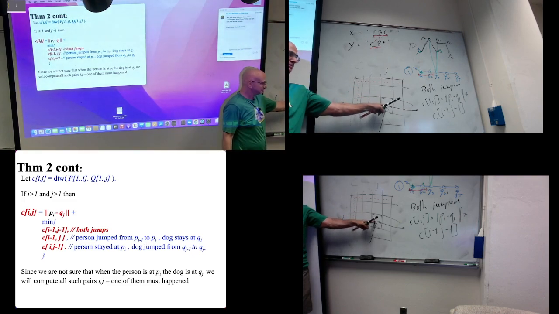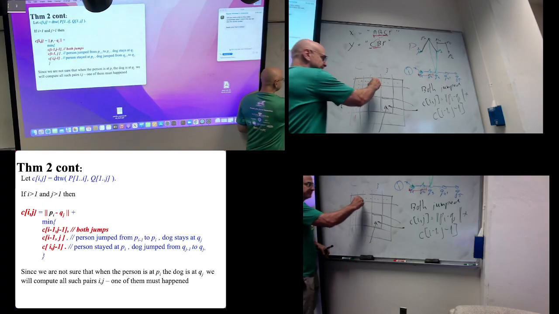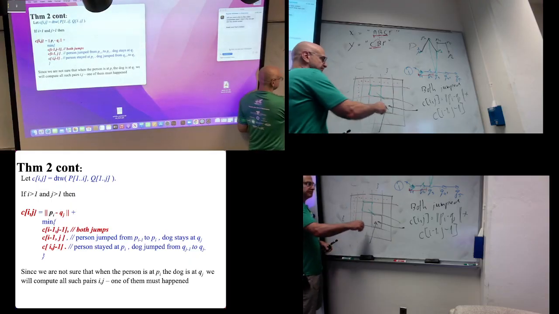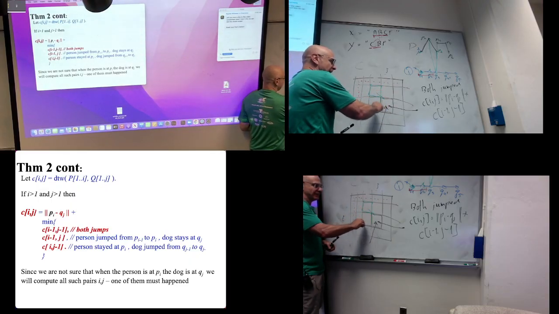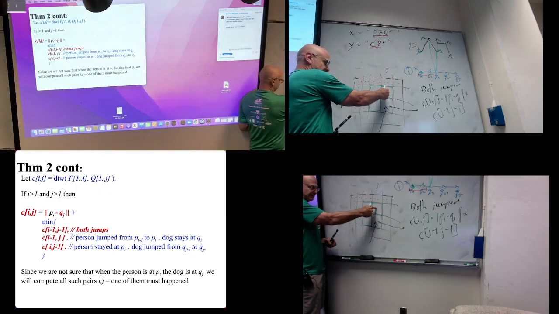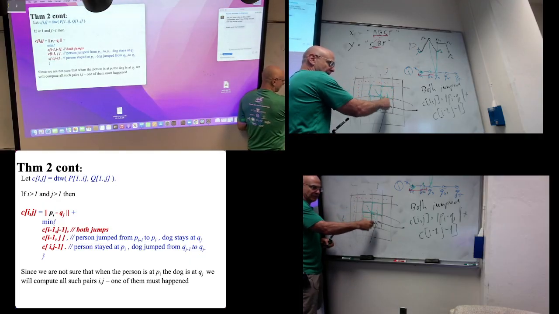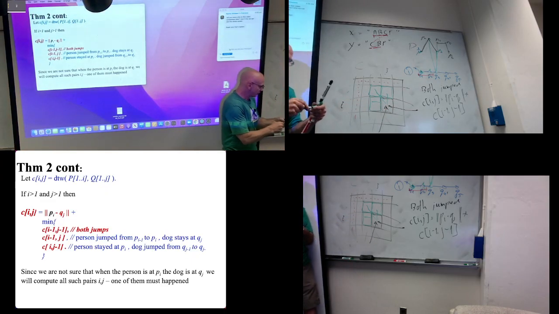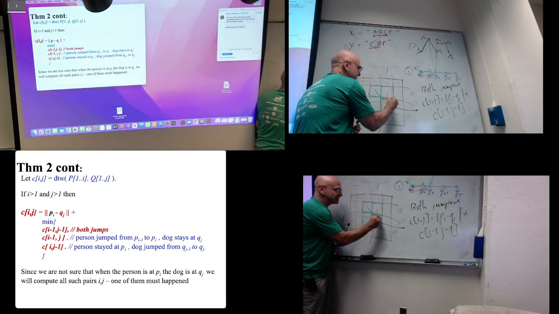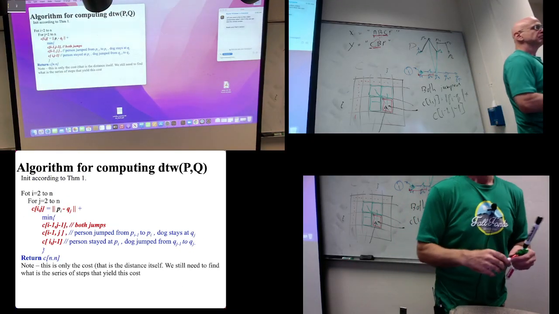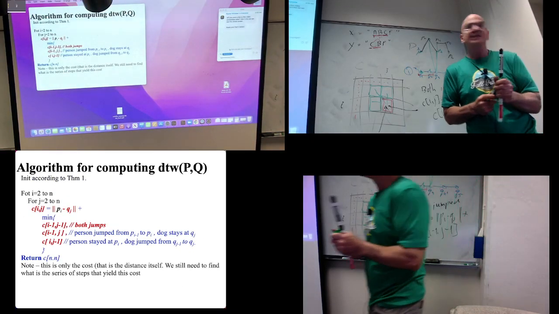If this is i, j, then i-1, j-1 will be the cell just diagonally from it. i, j-1 is the cell just to the left. i-1, j is the cell just above. So I need these three green cells to be computed so that I can compute the value at this red cell. Long speech. Let's see the algorithm.